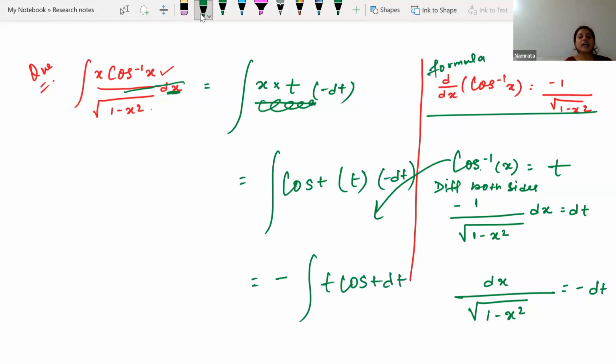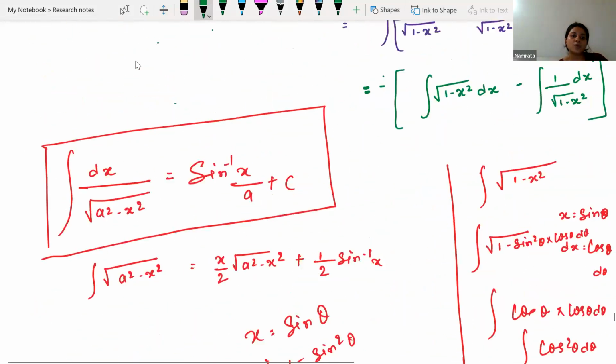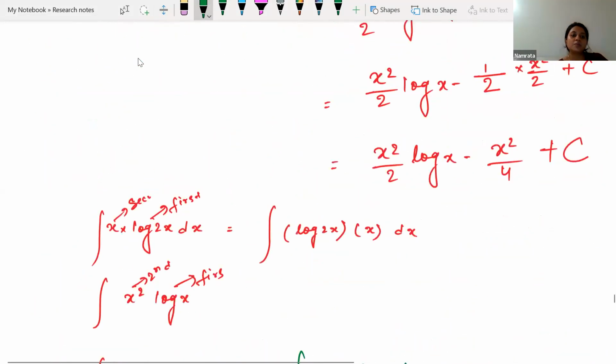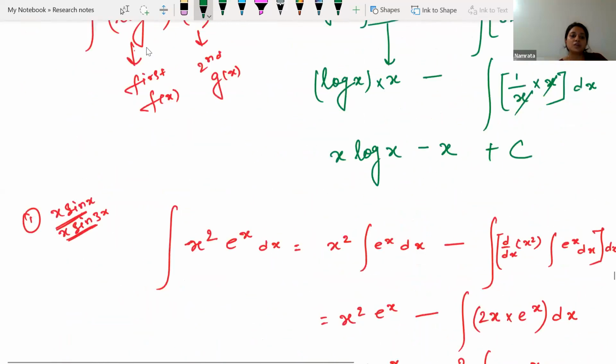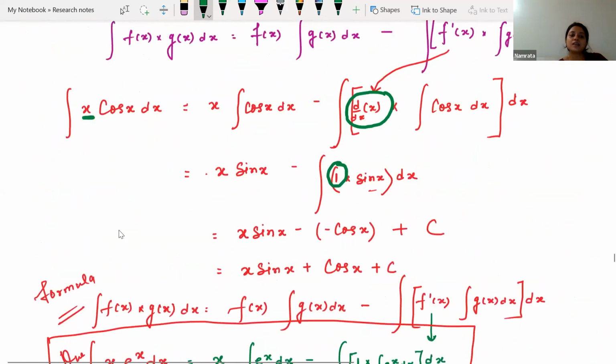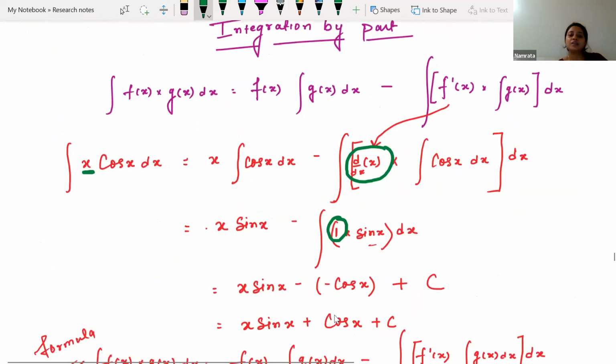Can you see it can be very easily done by the method of integration by parts? Let me show you how. Just like x cos x, the way we have done. Can you see x cos x?